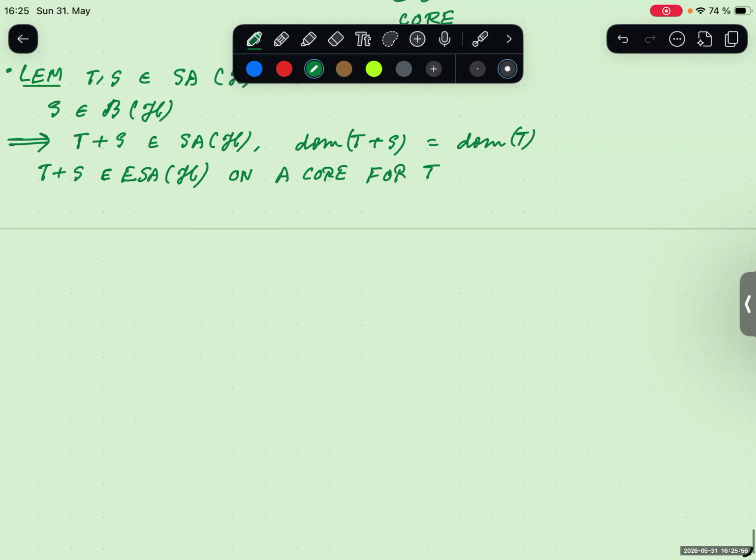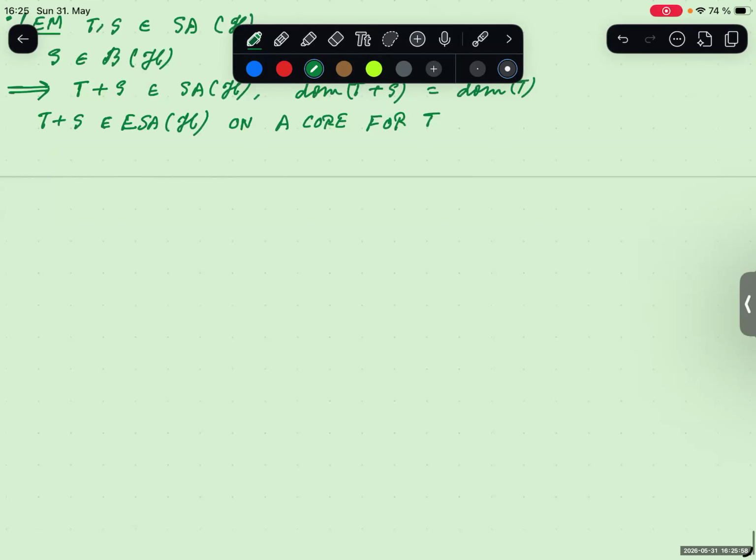Again, I'm not going to prove it, but let's see an example why this is interesting. You can find the proof in any standard textbook. For instance, the ones which I referred to.